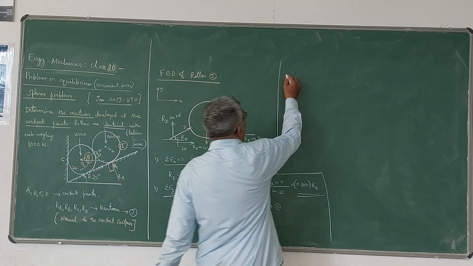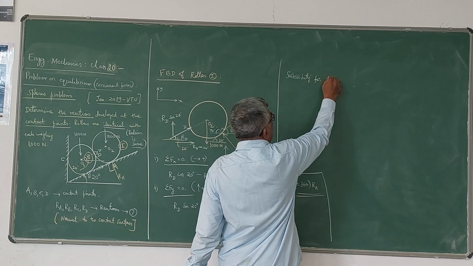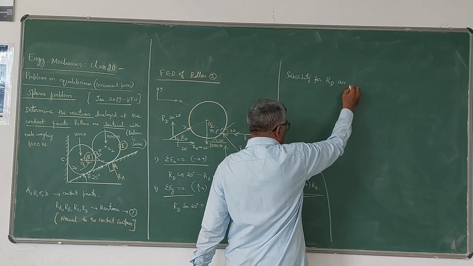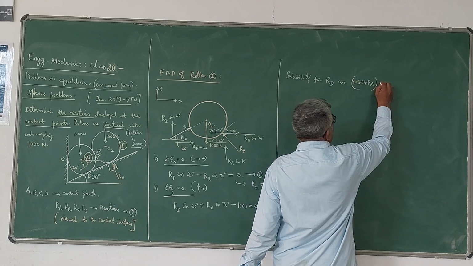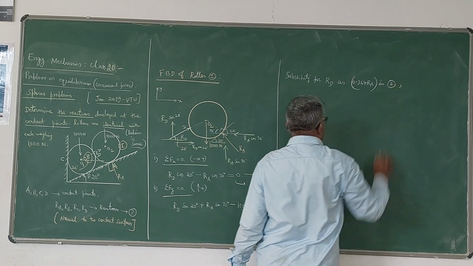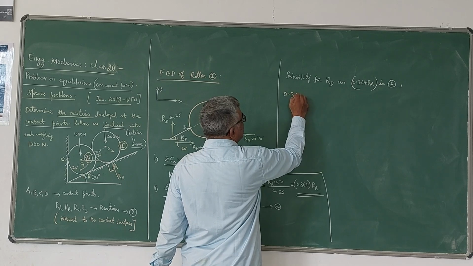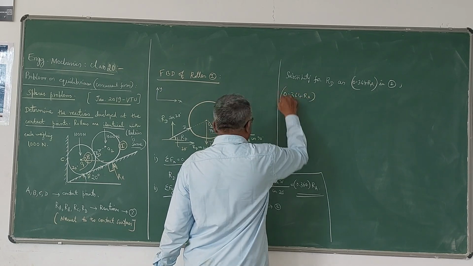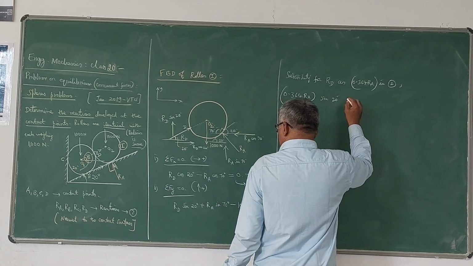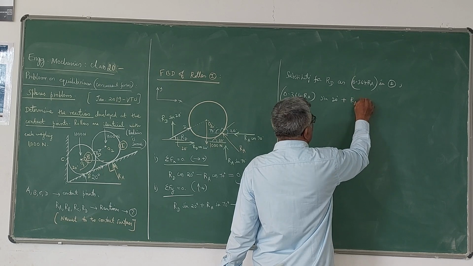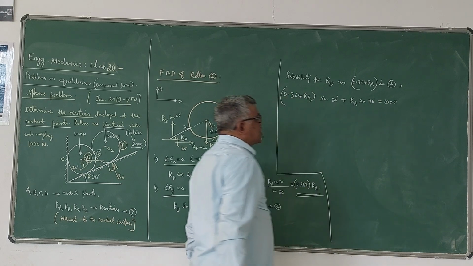So substituting for RD as 0.364 RA in equation 2: RD is nothing but 0.364 RA into sin 20 plus RA sin 70 is equal to 1000. I can bring that 1000 to the RHS, minus becomes plus.